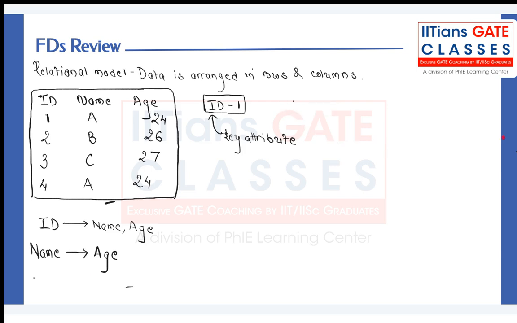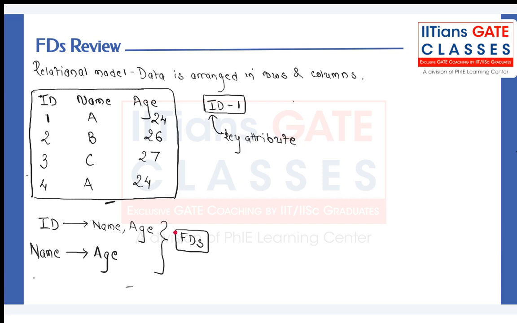So now these two things that I wrote, ID gives name, age, and name gives age, are nothing but your functional dependencies. Okay.